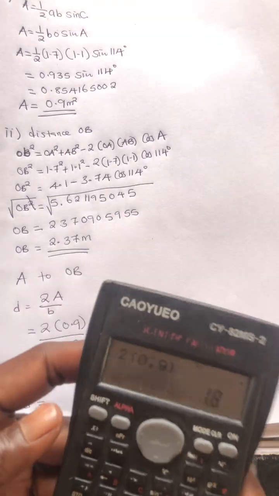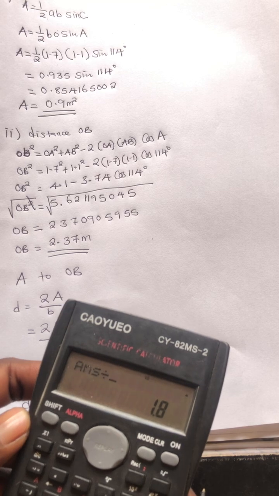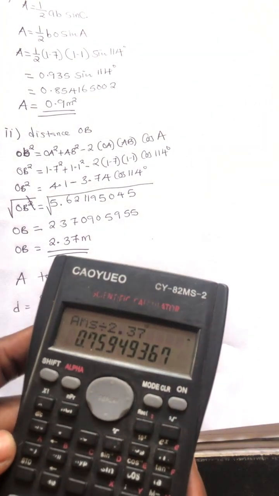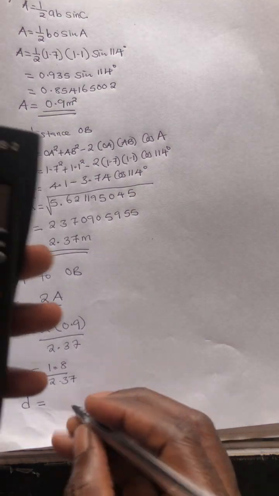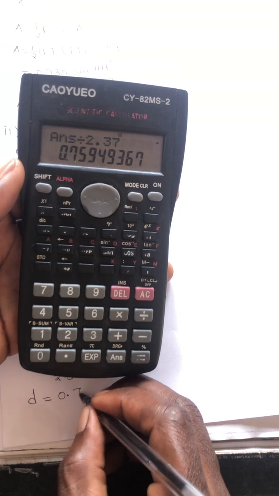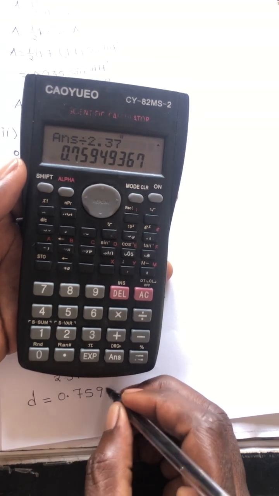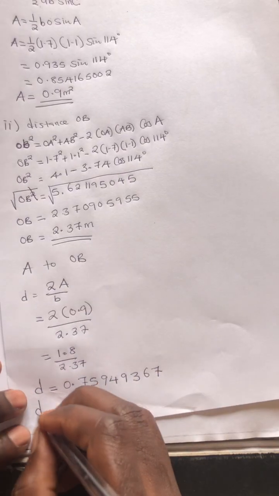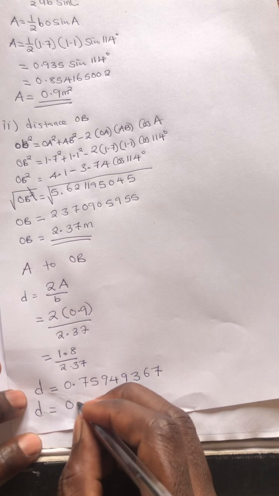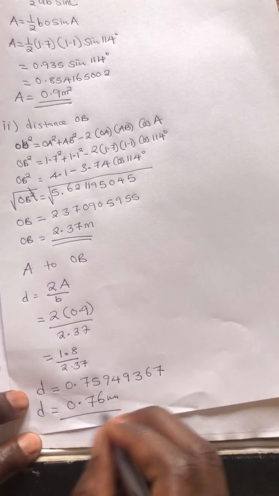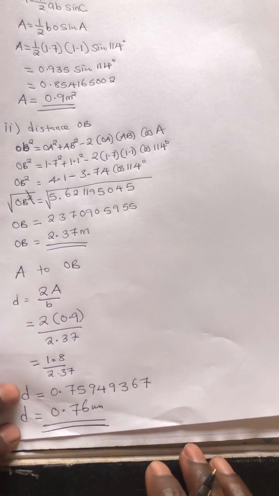This answer divided by 2.37 gives us 0.75949367, a long number. We can also leave it in two decimal places, 0.76 meters. And that marks the end of this question.